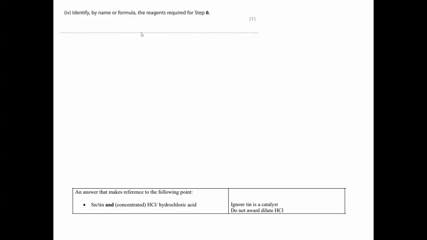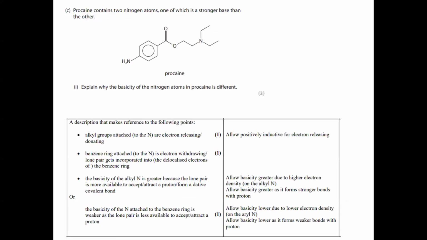Okay, next part, section C. Procaine contains two nitrogen atoms, one of which is a stronger base than the other. Explain why the basicity of the nitrogen atoms of procaine is different. If you look at these nitrogen atoms, we discussed the basicity of nitrogen.